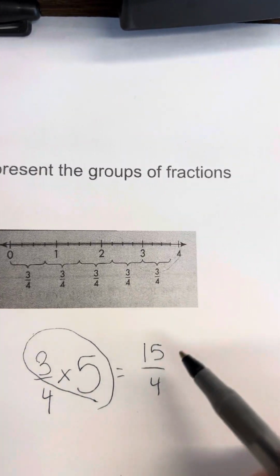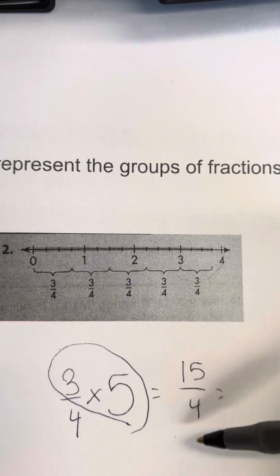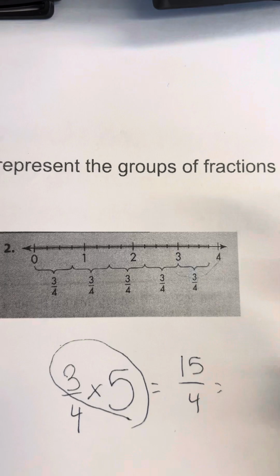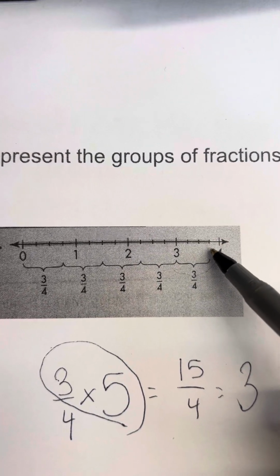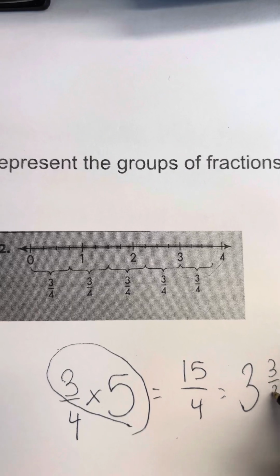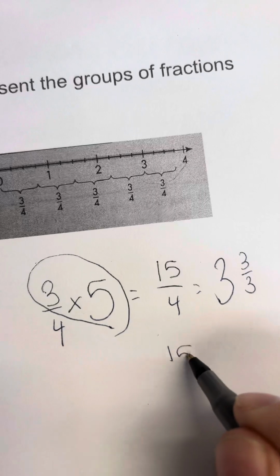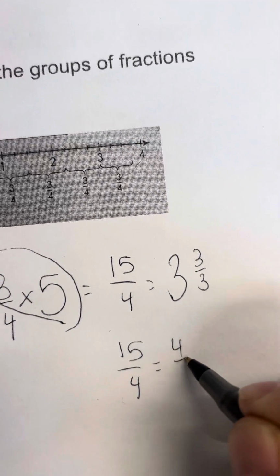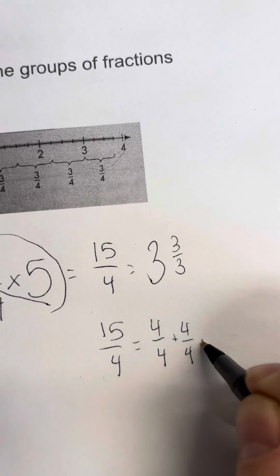Now, if I look at my picture, and I could have done this in the previous example, I can see that 15/4 equals 1 whole, 2 wholes, 3 wholes, and 1/4, 2/4, 3/4, 3 and 3/4. I could have also done that, if there's no number line for us to look at, by making this into 4/4 plus 4/4, that's 8/4.